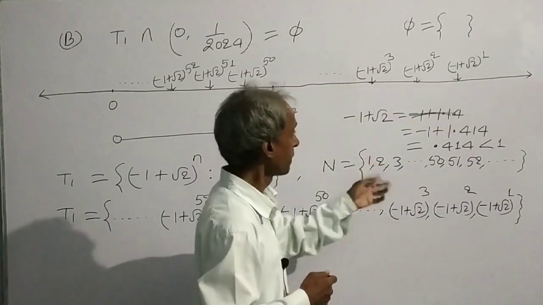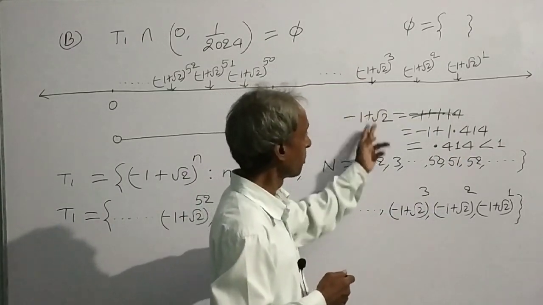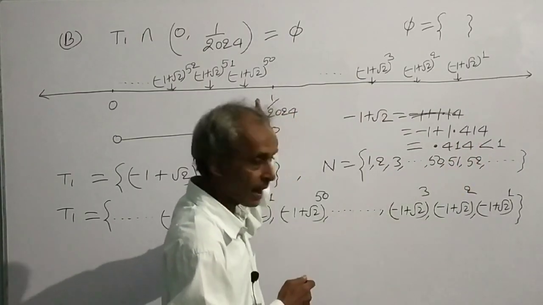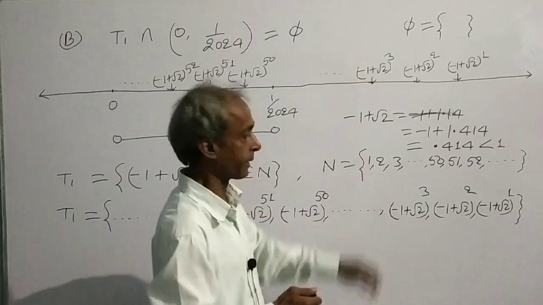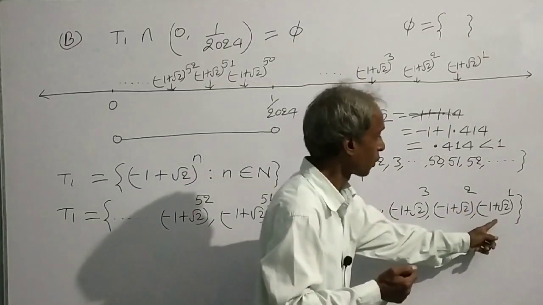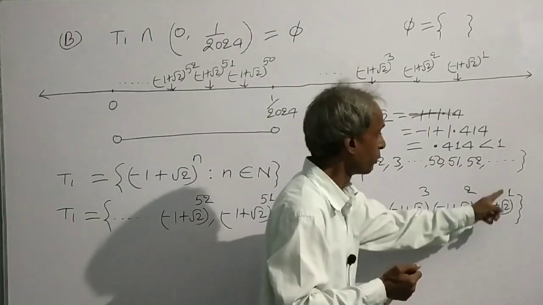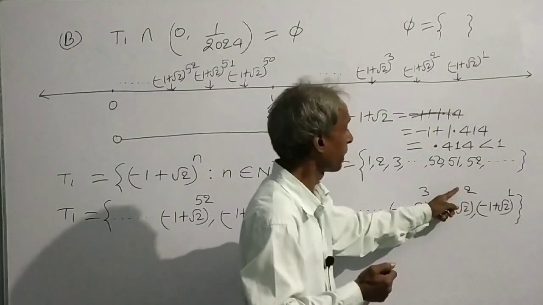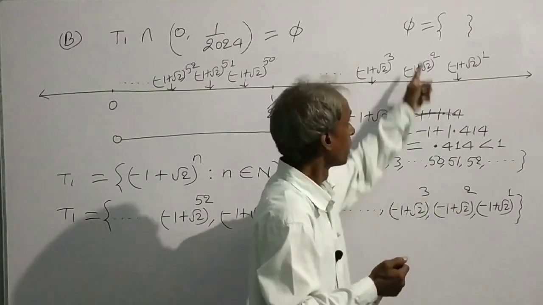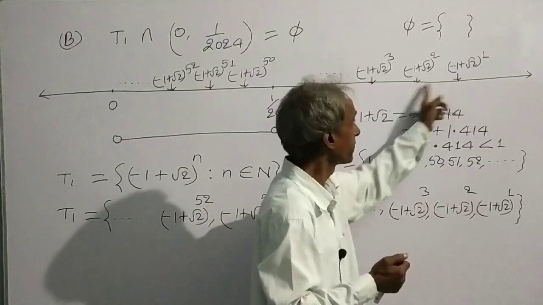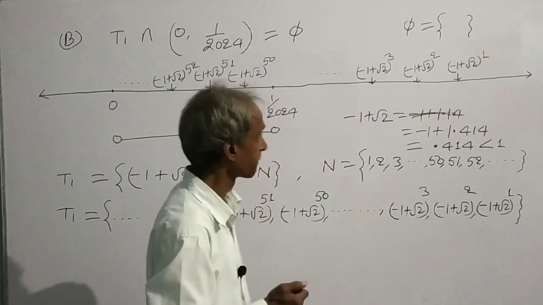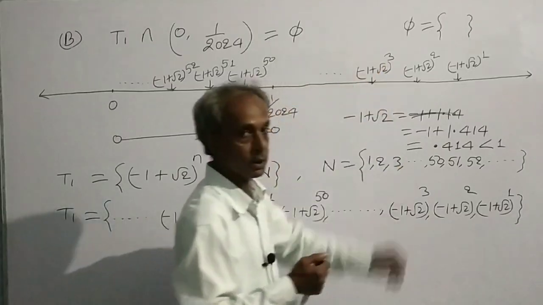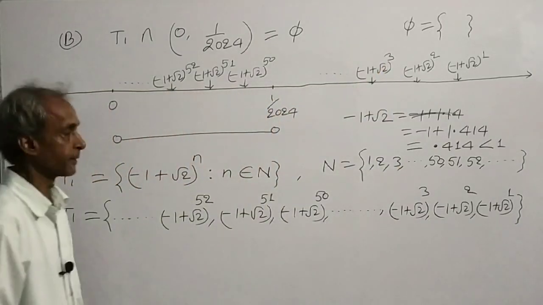Therefore, when we increase the power over this, the value will shift left on the number line. Therefore, this number to the power 1 will be here. When we increase the power to 2, this number will shift to the left hand side.